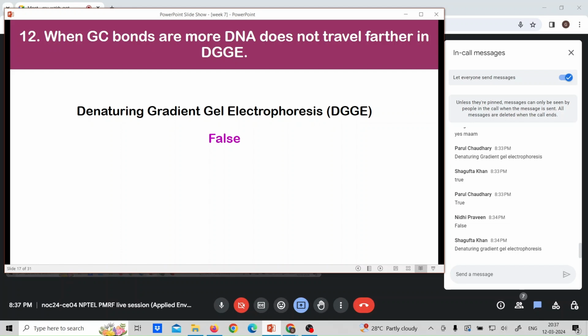When the GC bonds are more, DNA does not travel farther because they will be intact, they will be bigger in size and they will not travel farther. Is that fine or is it confusing? Should I repeat? I guess it's a simple concept.